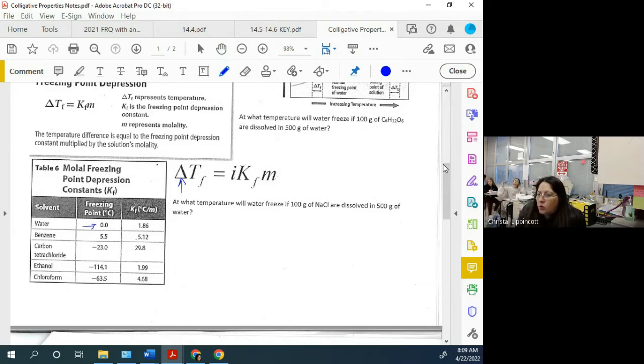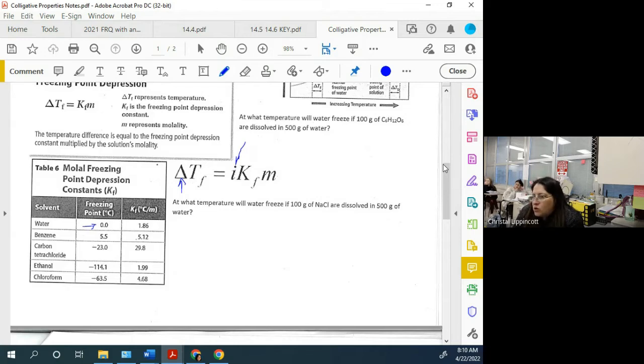Okay. So there are different components of this. The i is the Van't Hoff constant, but I call it the interference factor. I think that's easier to remember, but if you were to look it up, that's what it stands for. What this comes down to is how many pieces this is going to break up into.